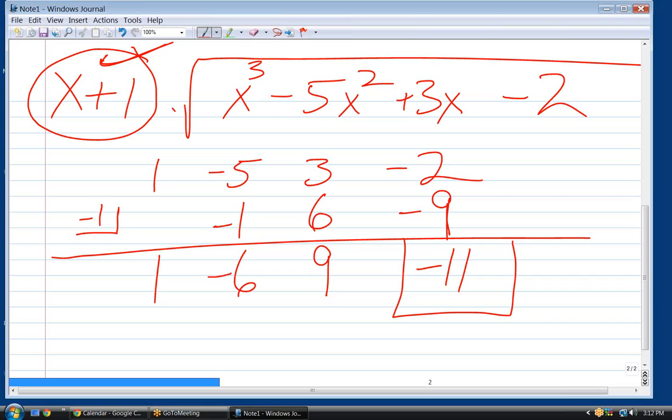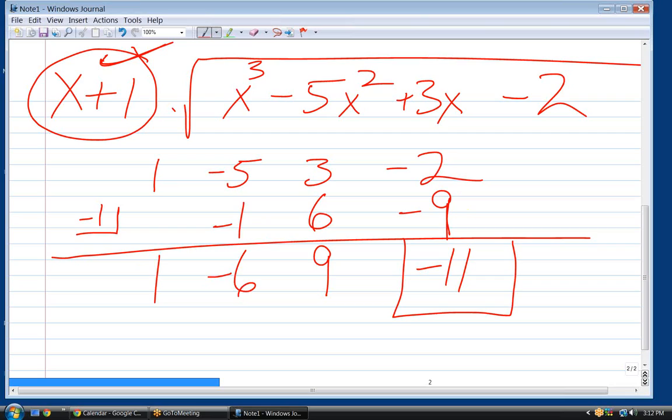And that's a huge theorem in math, the zero remainder theorem. And since we just did this, unless I made a mistake, I don't think I did, -6 plus 6, 9, -9, -11. Yeah, no, x plus 1 is not a factor of that cubic polynomial.